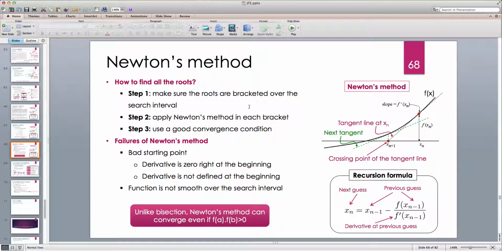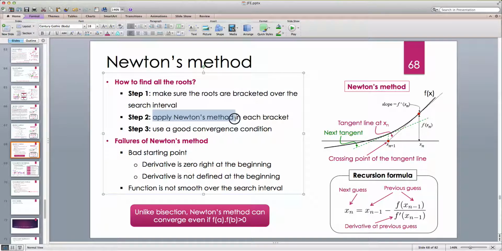If you recall, we said that there is no need for bracketing, but if you want to find all the roots, you can divide the interval into sub-intervals, and the roots may in fact fall into some of the sub-intervals, so they are already bracketed.